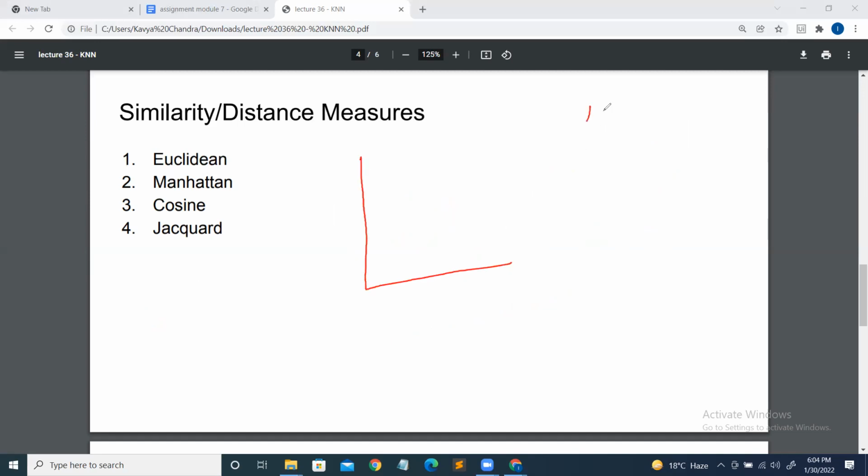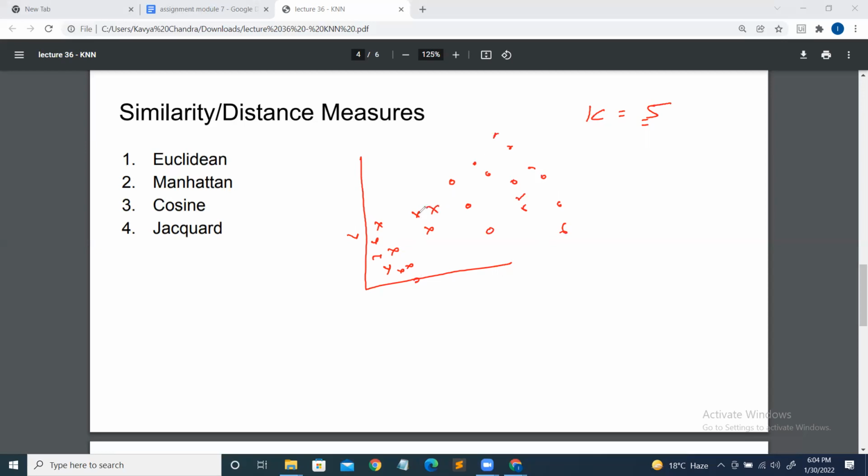For example, k is equal to 5. Now imagine this k is equal to 5, and we are looking at this data point here.